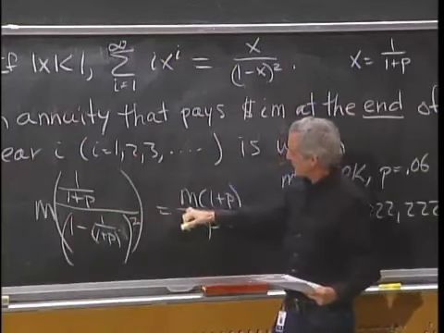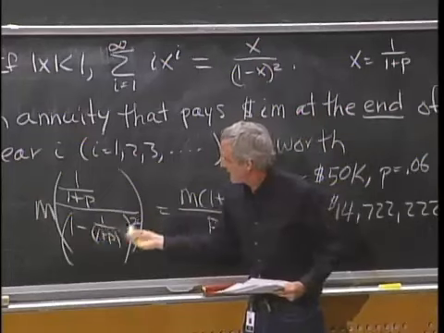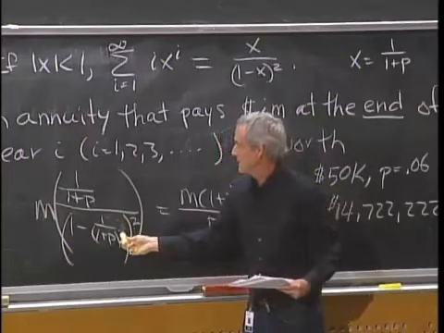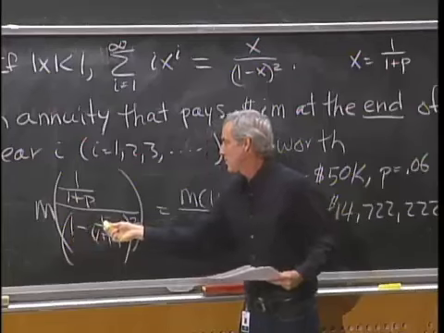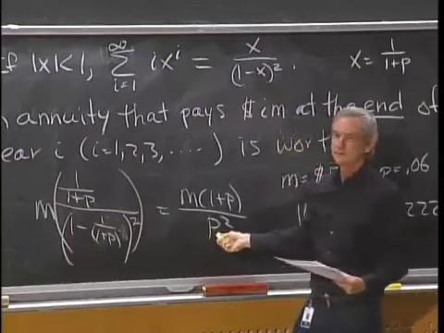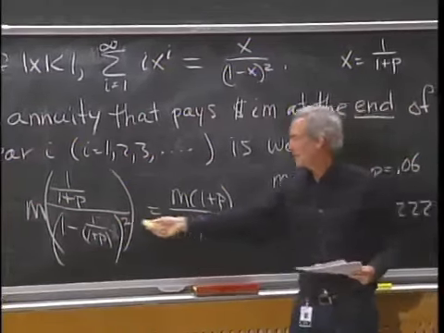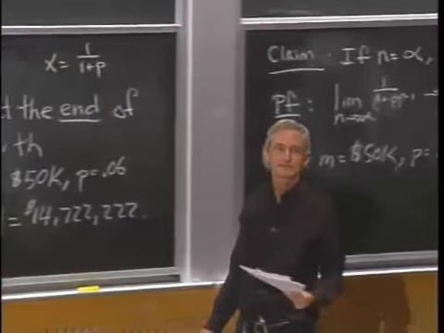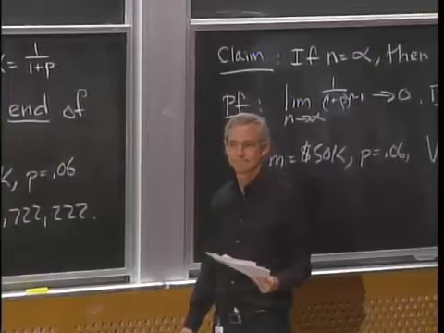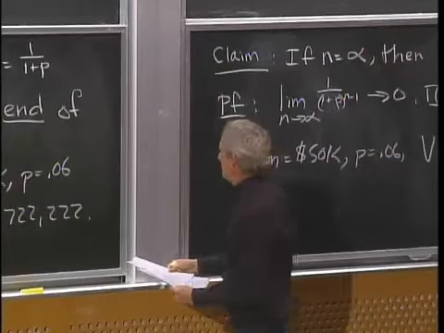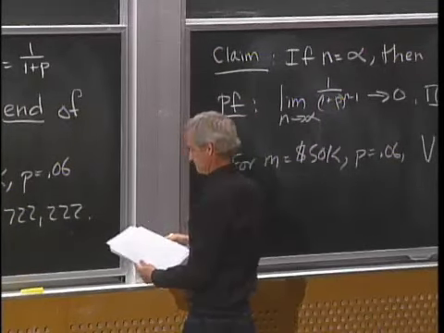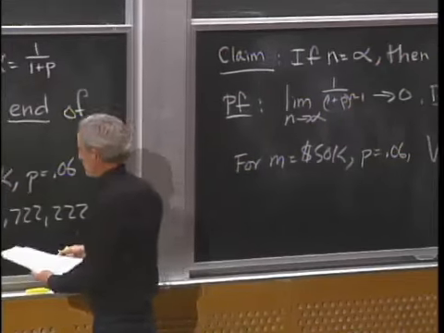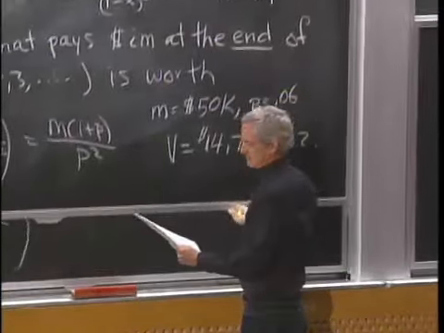And now when I multiply by (1 plus p) squared, it's multiplying this by 1 plus p. It's 1 plus p minus 1 is p. So I have p squared. So this part's okay. That part I wrote wrong. That's good. Any other questions? All right. Okay. So let's do a simple example.